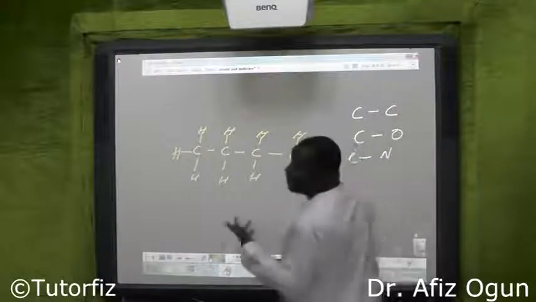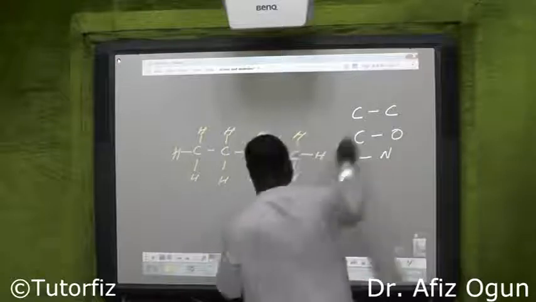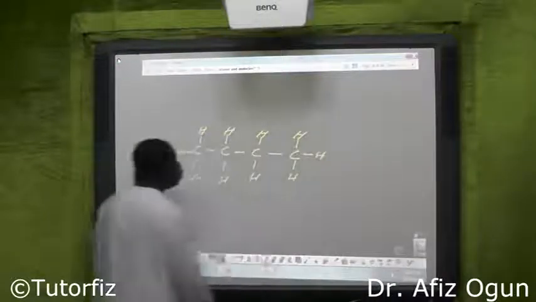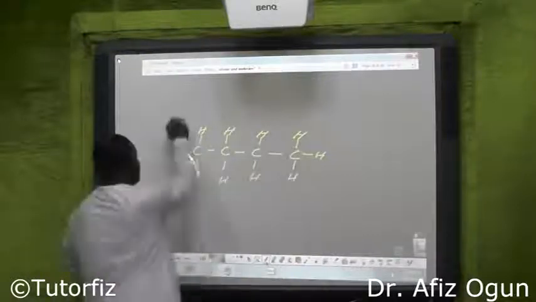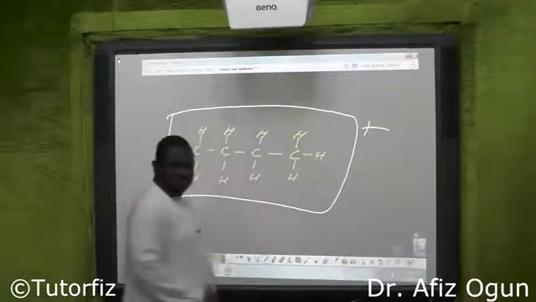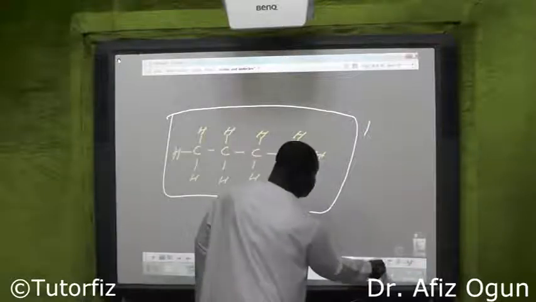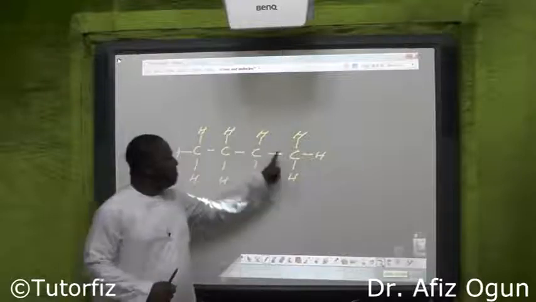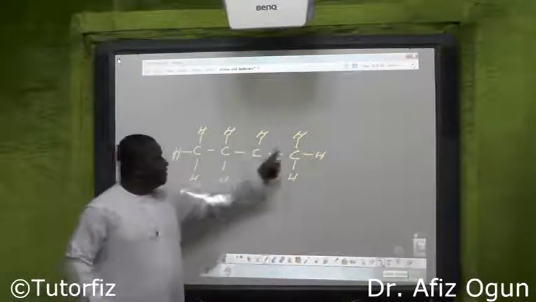Not that other bonds don't get broken, mind you, but these three are susceptible to breakage. The major peak we are looking for is this plus, but the other three we see there are due to the breaking of these bonds.